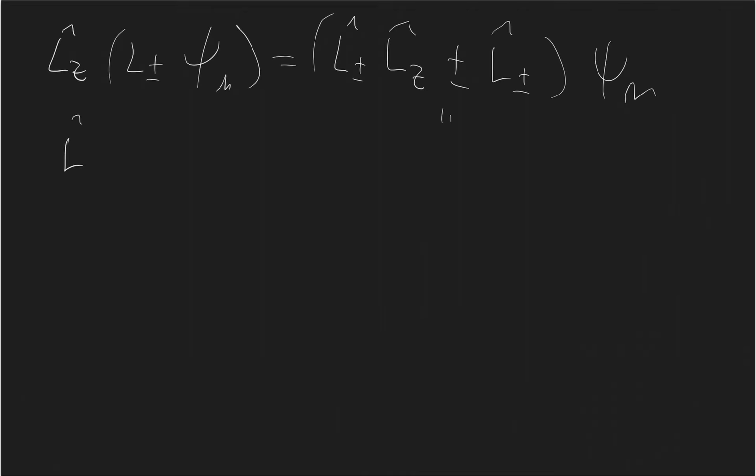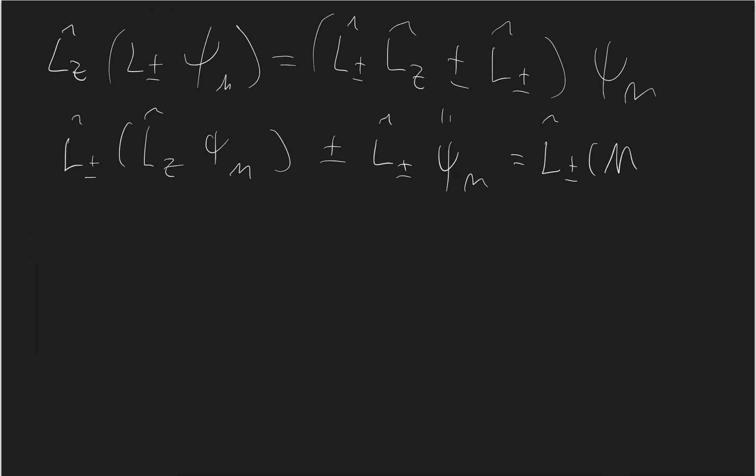And then what we would do is have this L hat plus or minus acting on L_z in terms of the angular momentum component we know here, plus or minus L plus or minus operator acting on psi m, okay? And this should give us some nice relation here, which is the plus or minus with the energy eigenvalues, the angular momentum eigenvalues, plus or minus L hat plus or minus, the ladder operator, remember, is that.